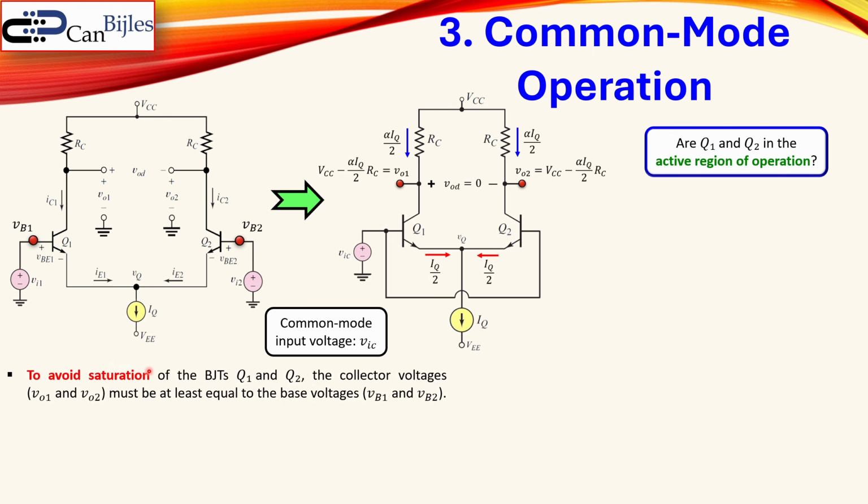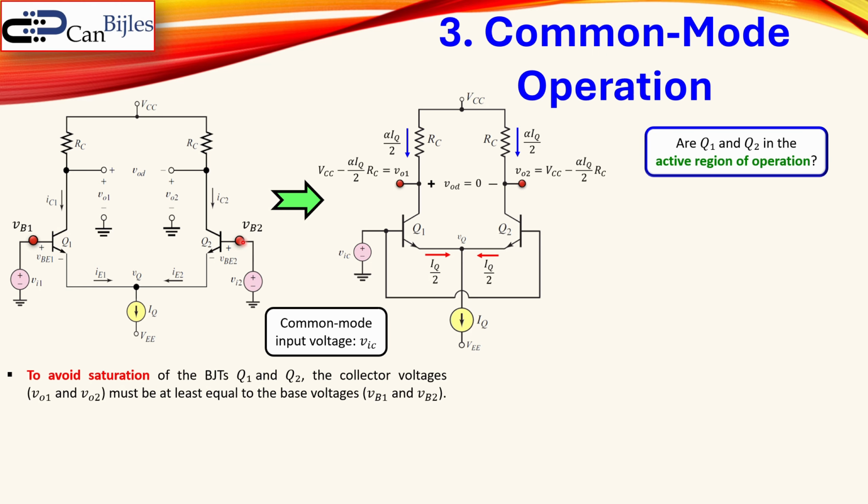To avoid saturation, that means to avoid that we leave the active region of operation, for these two transistors Q1 and Q2, the collector voltages, that means VO1 and VO2, must be at least equal to the base voltages VB1 and VB2.